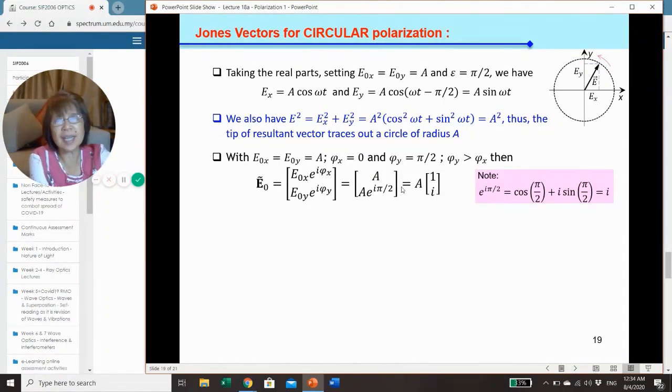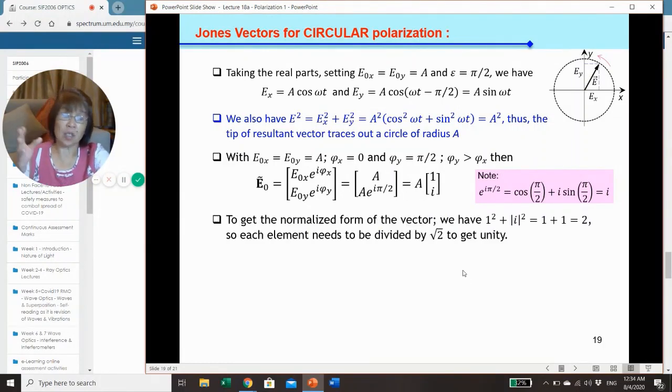We factor out A, so we are left with 1 and exponential i pi over 2. Now, exponential i pi over 2 equals cos pi over 2 plus i sine pi over 2. Cos 90 is 0, and sine 90 is 1, so that gives us only i. That's why we just have the term i here to represent this term.